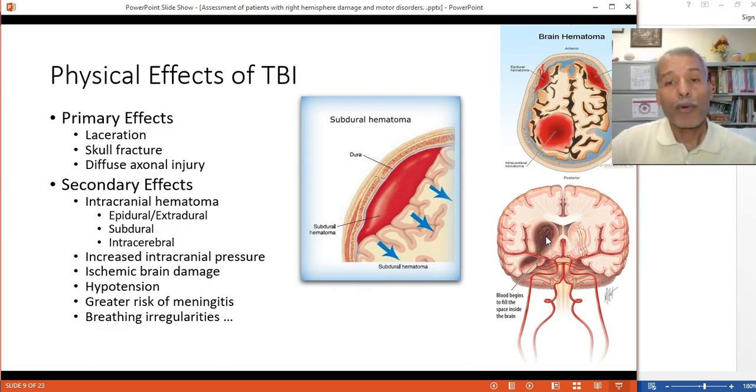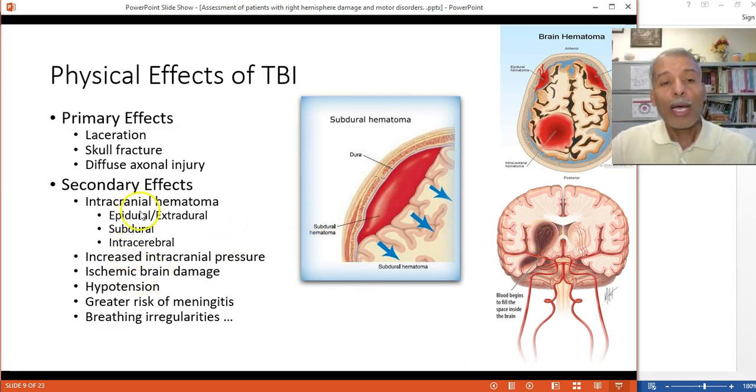So that is going to also cause significant problems as the pooling takes place. It's going to push down on the areas around it, which means severing axons, exposing neurons to toxicity. You know, materials in the blood are toxic to nerve tissue, and so on.